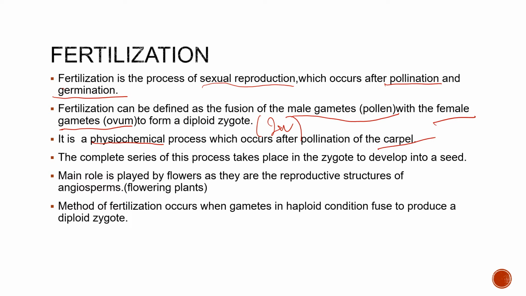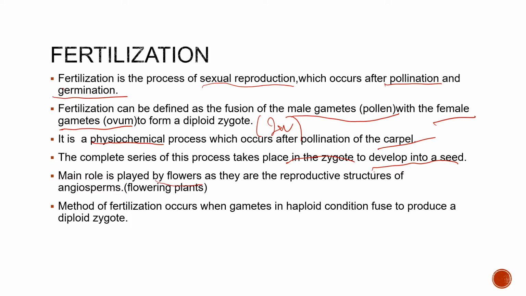So next, the complete series of this process takes place in the zygote to develop into a seed. First they form a diploid zygote, and the complete series takes place in the zygote itself to develop into a seed. Here the main role is played by the flowers. What are these flowers doing?